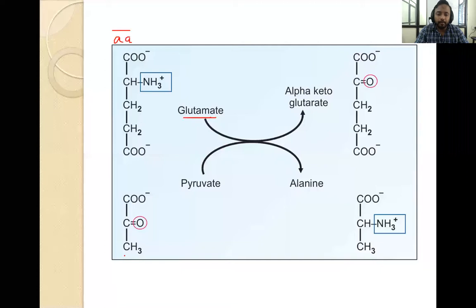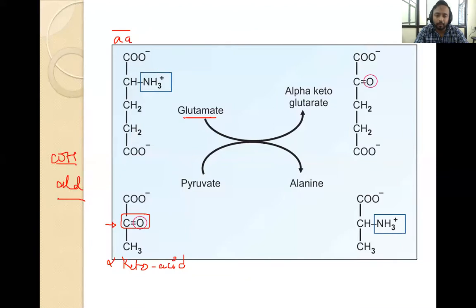Okay, this is one alpha keto acid. Keto means when you have C double bond O, it is called a keto group. Yes, CHO is called the aldehyde group, which you learn in the very basics of carbohydrates also. Aldehyde group is CHO, keto group is C double bond O. So what is happening here, if you see in the structure also, one amino acid is transferring its amino group to a keto acid.